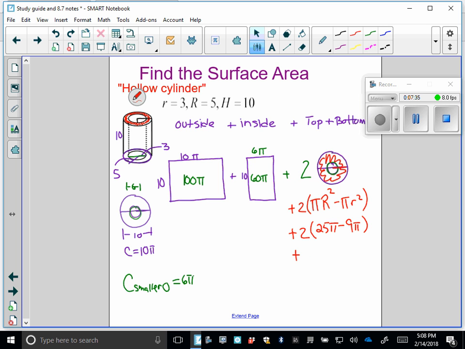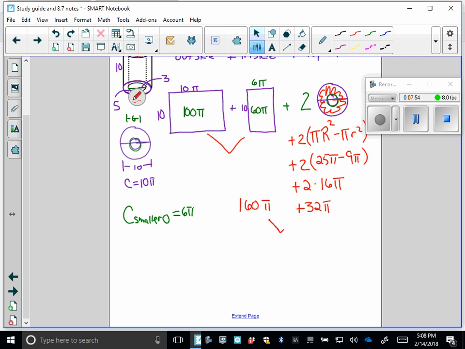So that's 2 times 16 pi, which is 32 pi. Then we add these together, and we have 160 pi. So all told, we have 192 pi square units.